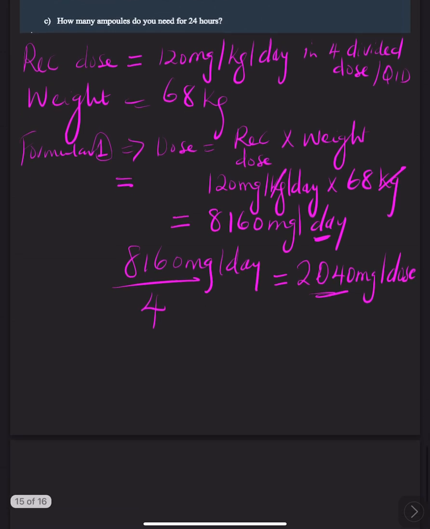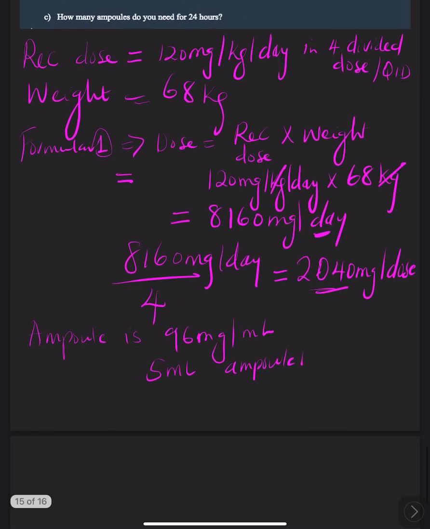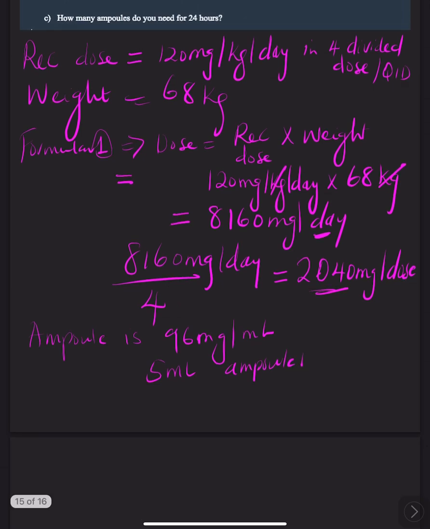The strength of the ampoule that we got is 96 mg per mil, but they come as 5 mil ampoules. So we need to ask ourselves, if the strength of this medication is 96 mg per mil, how much of this medication will be in 5 mils?